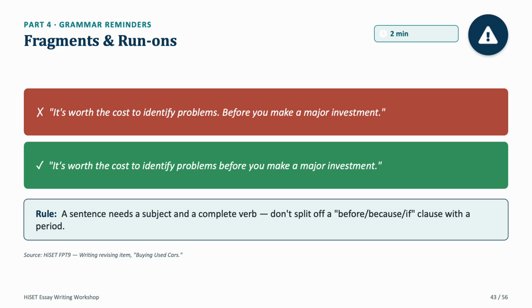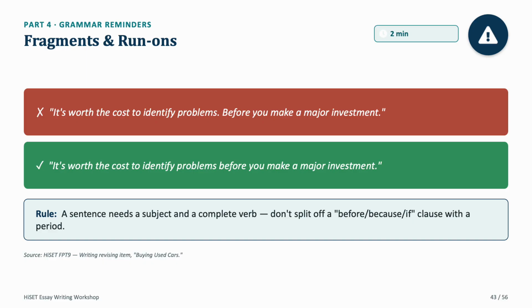Now look at this example. It's worth the cost. To identify problems before you make a major investment. The second part is a fragment. Before you make a major investment cannot stand alone as a complete sentence. We can combine the ideas.